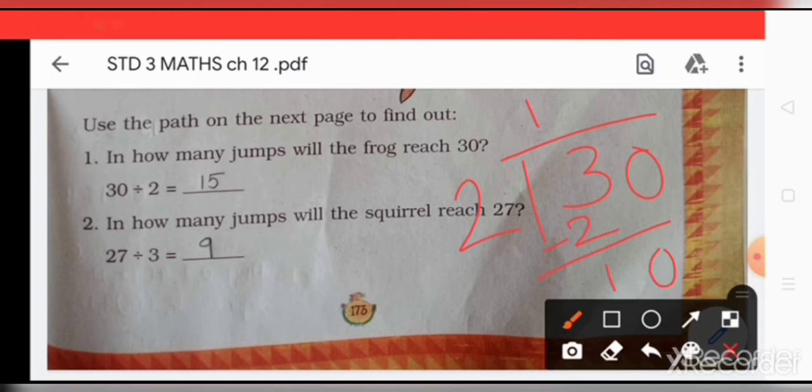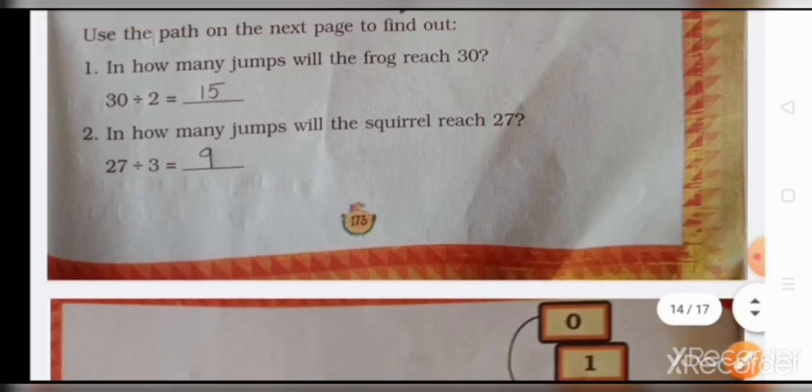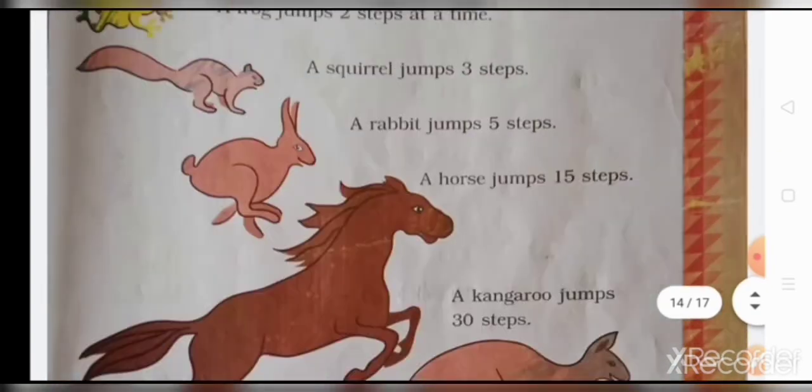In the 2 table, how many times does 10 come? 5 times. 2 5s are 10. Then in how many jumps will the frog reach 30? 15 jumps.